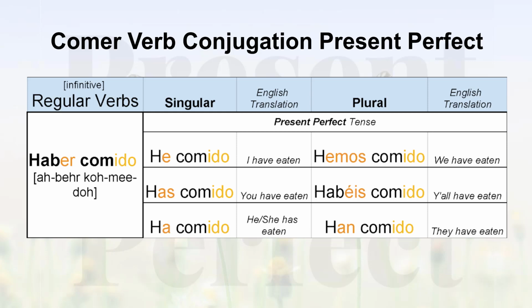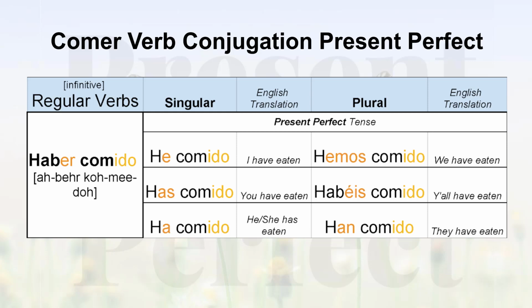If I have eaten, or if you have eaten, or if we have eaten, or if they have eaten. However, in Spanish, you could say he comido because this form can only take yo as its subject. When I say he comido, it means I have eaten, even if I didn't say yo.